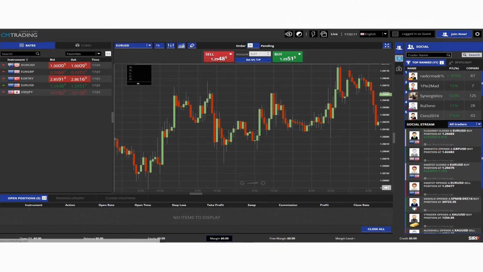Just let me draw on the screen for you. I'll highlight the area where you should see your name. You should see your name on here, and this is the section at which you should be paying attention to, the social area. And these are the top ranked traders. Top ranked means basically it's a poll of people following them.